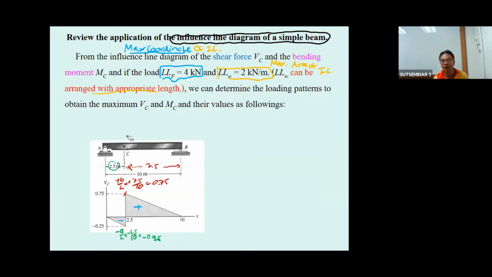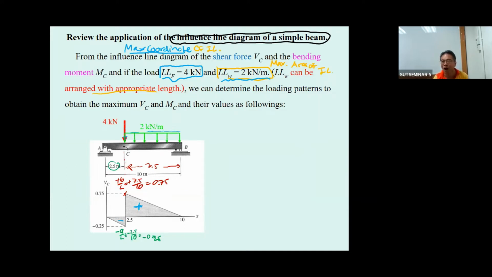To get the maximum, the maximum coordinate is here. So for sure, the 4 kilonewton must be here. And then the uniformly distributed load, likewise, is based on this maximum area. So you have to put this in this portion.